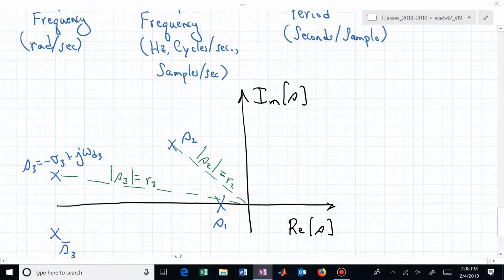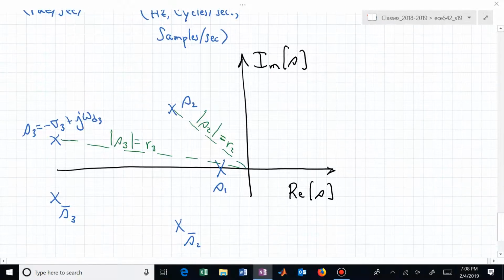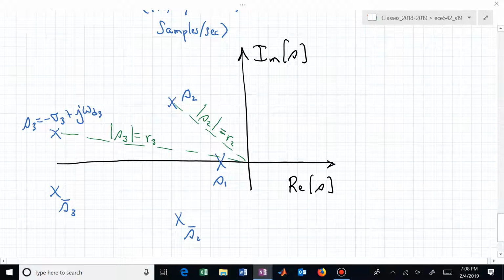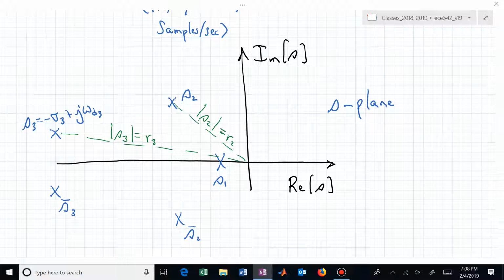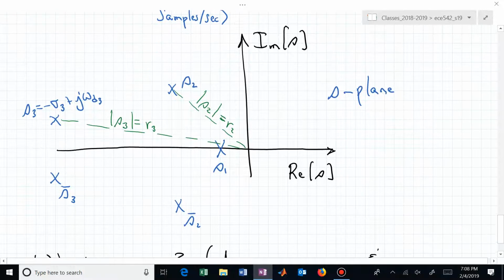Suppose now I give you this collection of poles. Here's the S-plane. And I say, I want you to sample this system or find the capital T associated with this system.